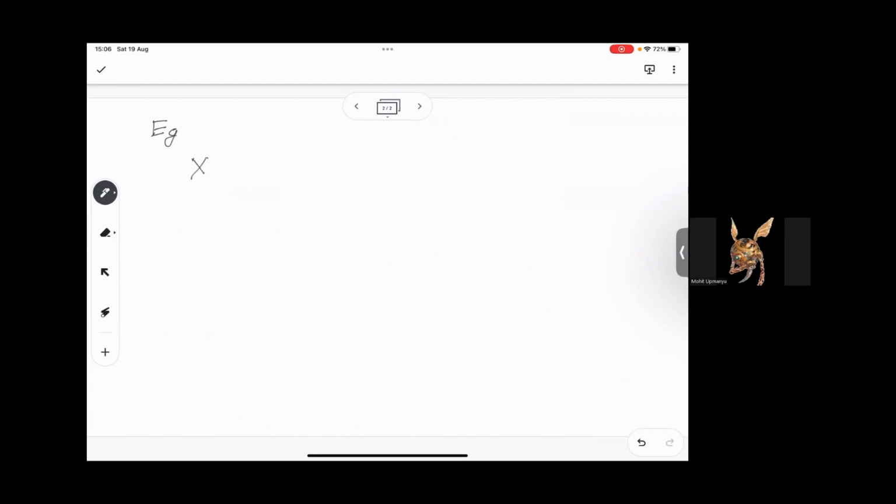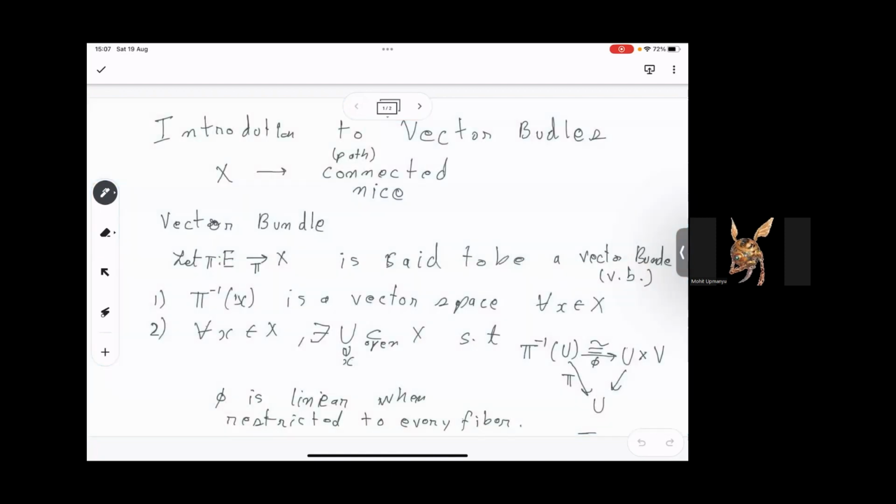If X is a topological space and W is a vector space, then X cross W is a vector bundle over X. So this is called a trivial vector bundle. And as we can see, right in the definition, every vector bundle is locally trivial. That's written right in the definition.